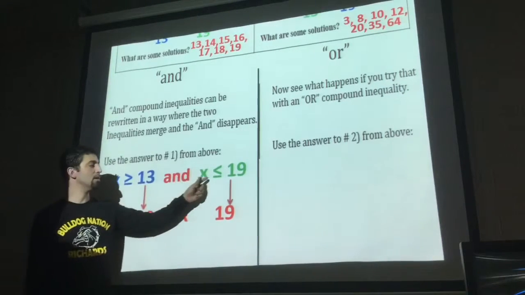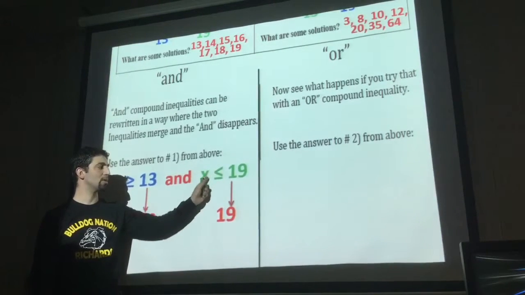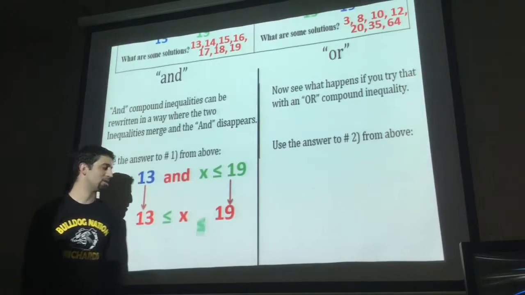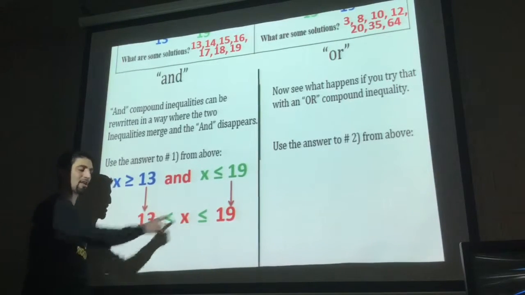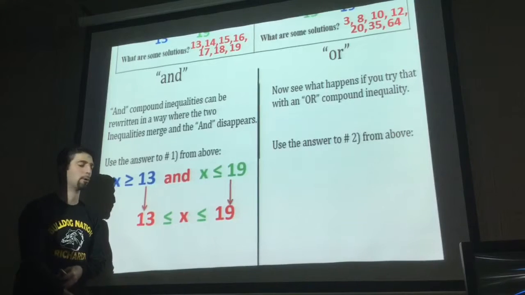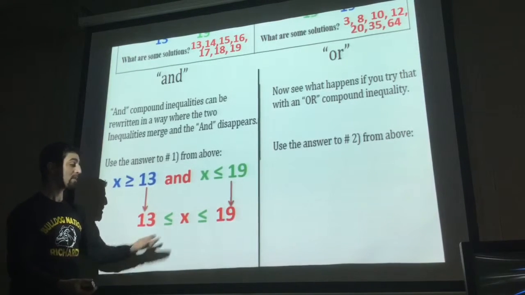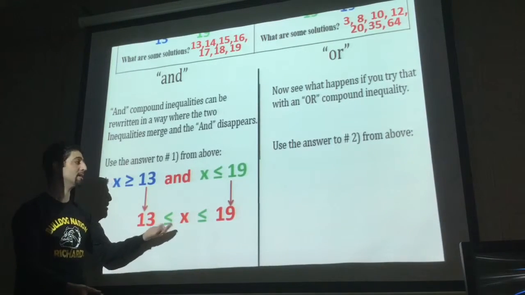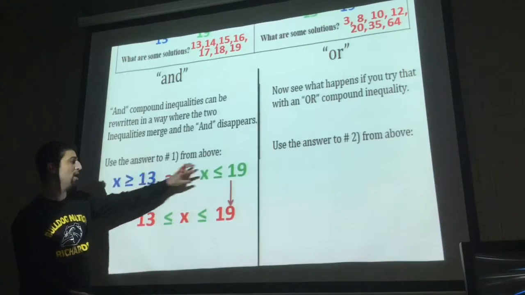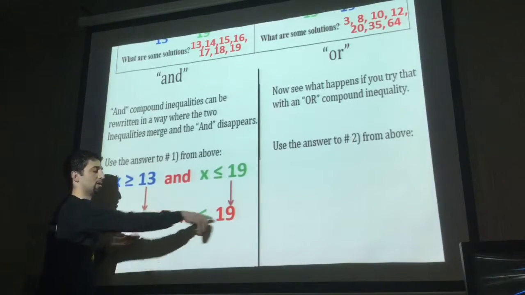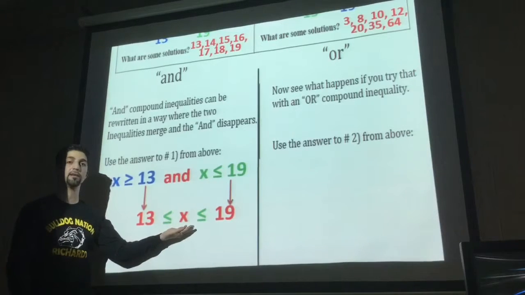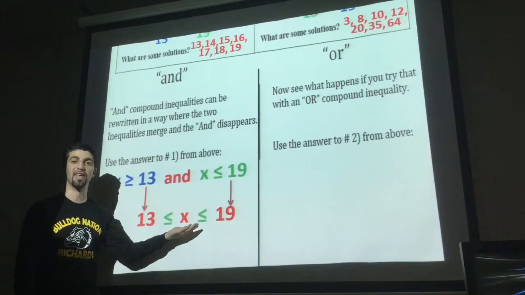Okay, over here, between x and 19, the arrow is pointing at the x. So between x and 19, the arrow has to be pointing at the x. So now they look like two less than symbols, which is what it's supposed to look like. Now, this right here is what I mean by merging it, because over here, the blue and the green merge to look like this. This is what an and compound inequality looks like without the and in it.